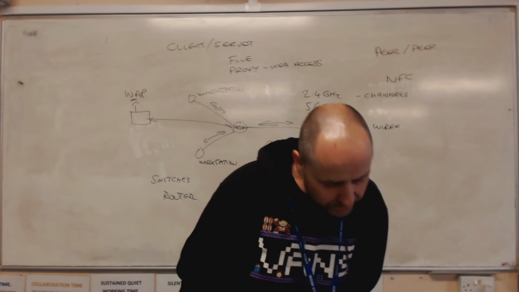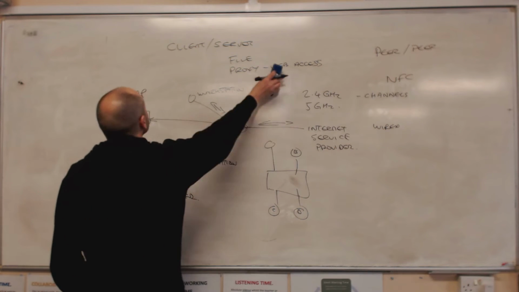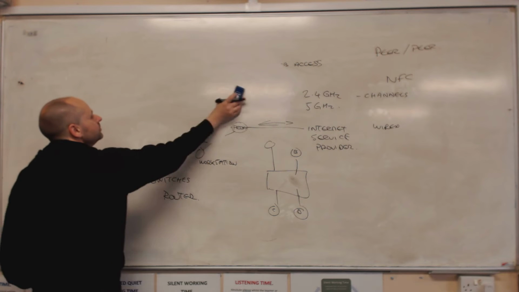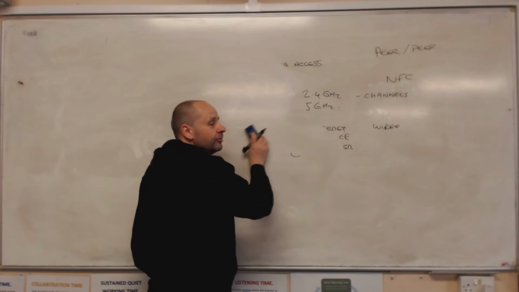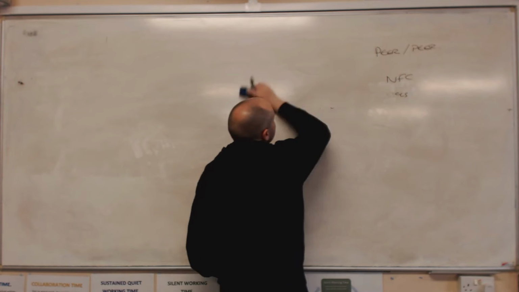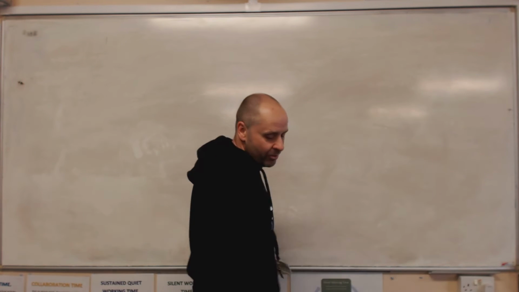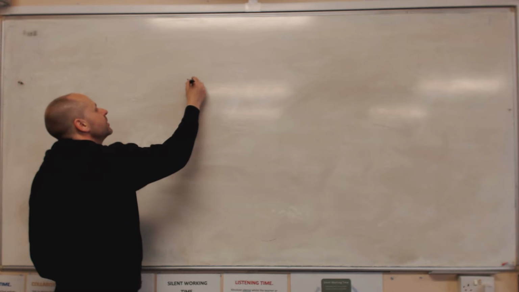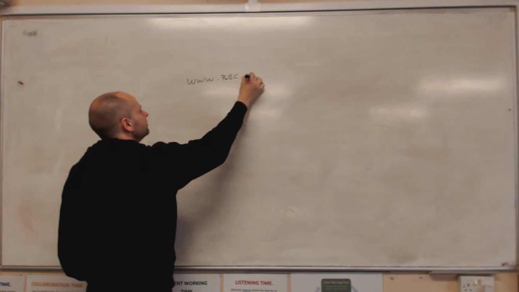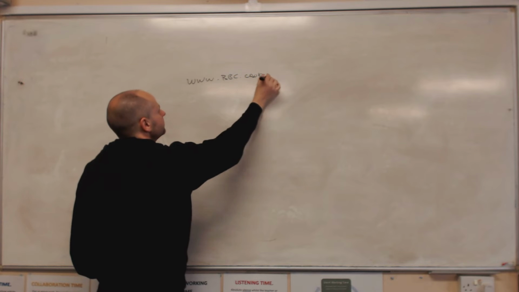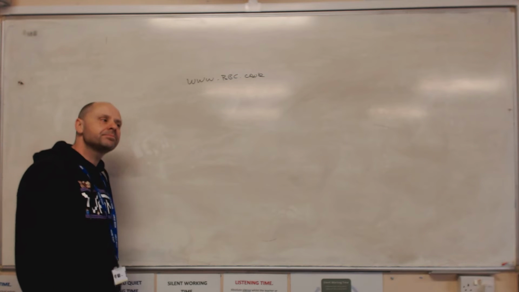What else have we got? Domain name server is a computer that resolves domain names. So let's just see what a domain name looks like. So you might have something like this: bbc.co.uk.